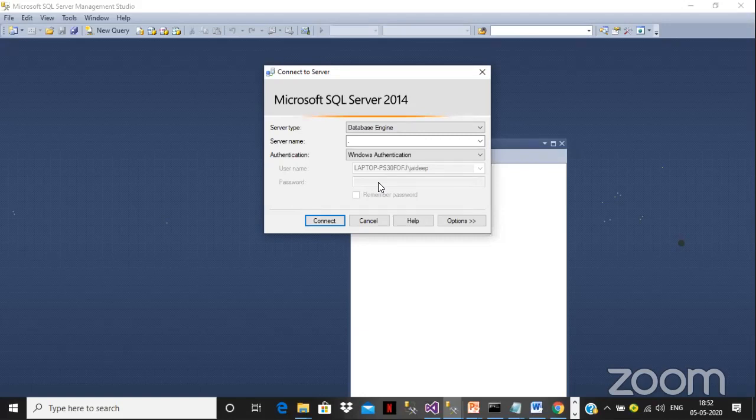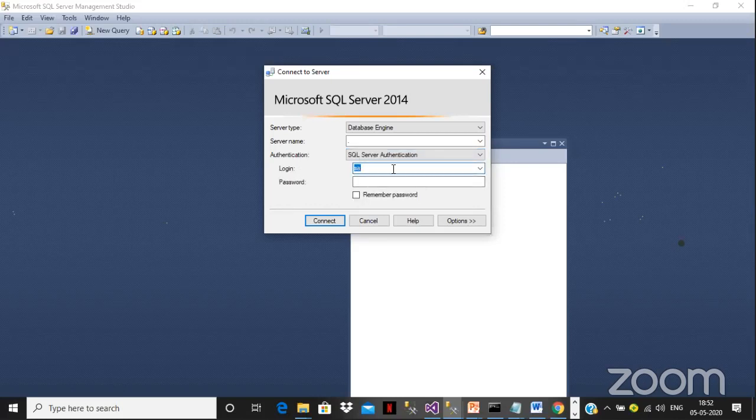At the time of login to the computer, you have already given username and password. So Windows authentication is enough to directly connect with SQL Server. But I want to provide security for my database, so I will log in with SQL Server authentication.